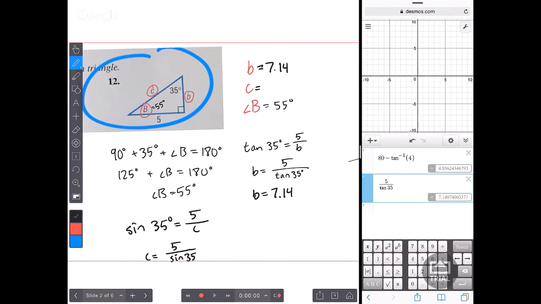And 5 over sine 35 is 8.7. C equals 8.7. Rockin'. Any questions on that one?